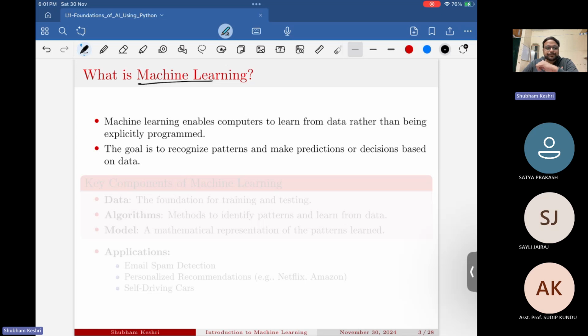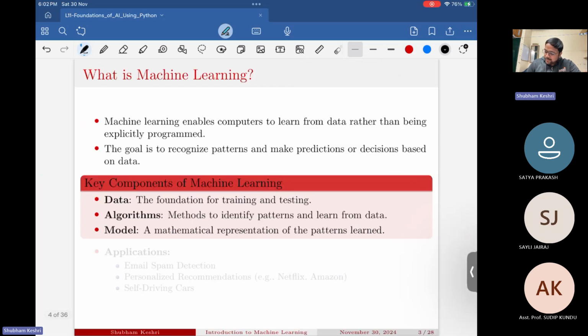And from that data, the computer tries to understand the relationships between the different features we are giving in the data. I'll tell you what the features in the data are, and then it can help us understand the data better and then make predictions and so on.